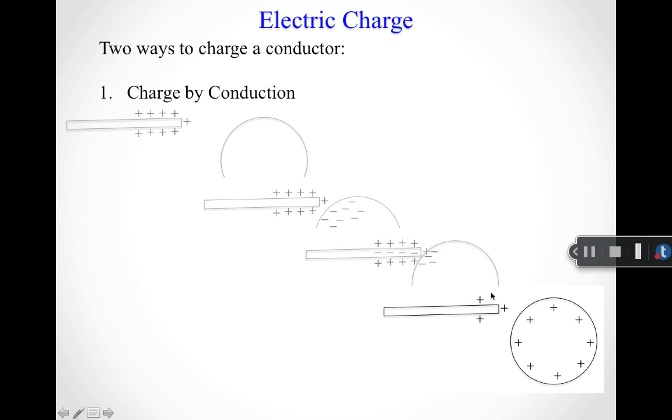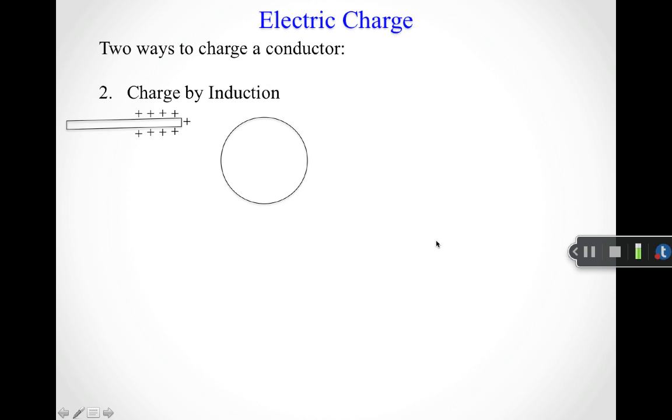Basically I took some of the electrons away, and they've redistributed themselves over both of these devices, so this one is less positively charged, but what was my neutral conductor is now also positively charged. So this is charging by conduction. Again, I need contact for conduction.